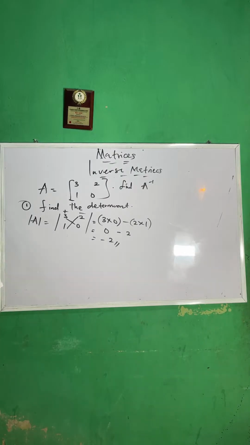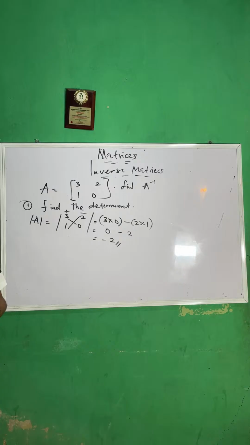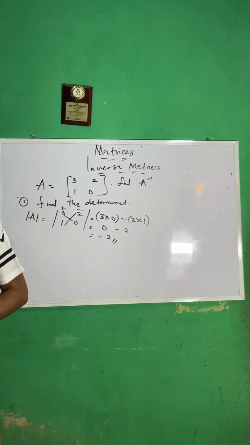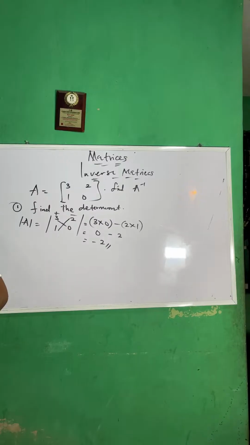When you apply signs to the minor, we get the cofactor. And when you apply transpose to the cofactor, we get the adjoint. Ololade, do you understand what I'm saying now?